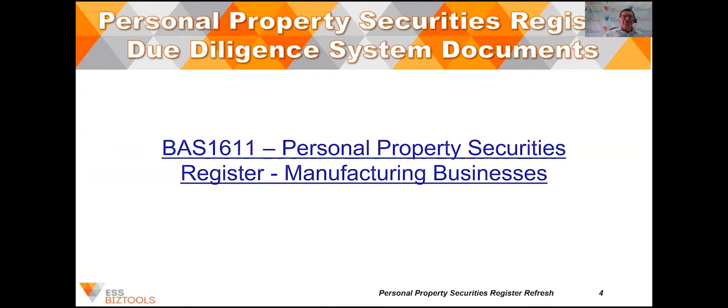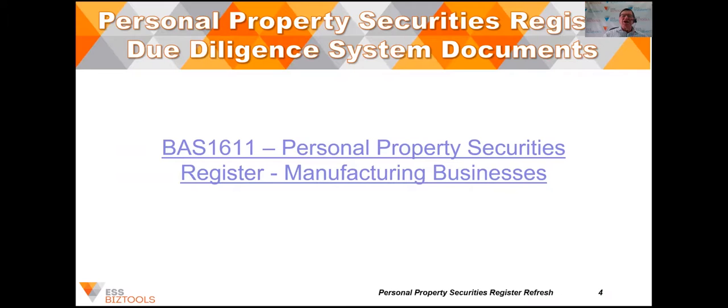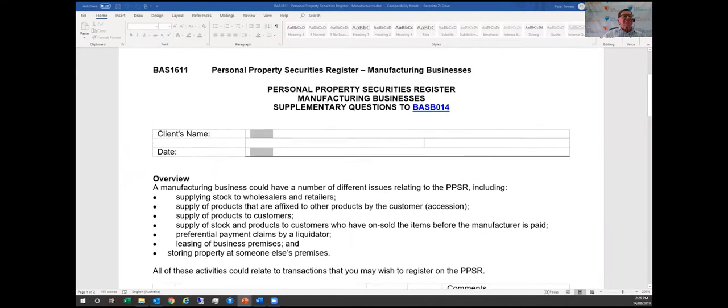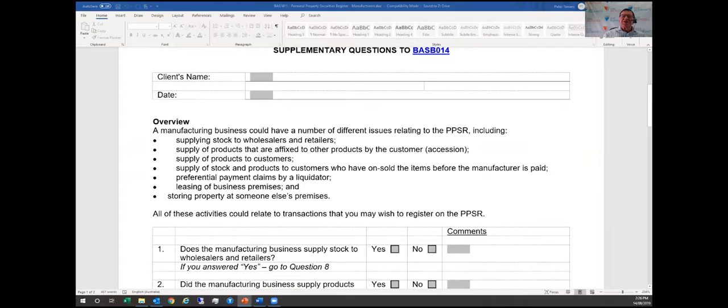The next item I want to talk to you about is to show you an example of BAS 1611, which is the Personal Property Securities Register checklist for manufacturing businesses. We have about 19 other checklists for various types of businesses, wholesale, retail, farmers. This one is for the manufacturing business, just to give you something to work through with your client.